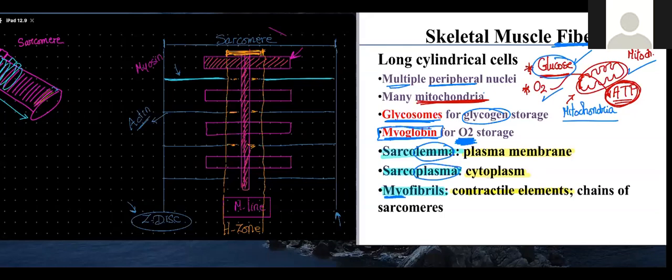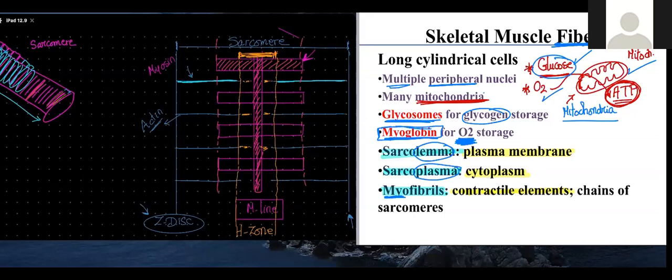All those thick filaments together will appear under the microscope as this striation, as one of those striations along the length of my muscle fiber. The line formed by the thick filaments appears darker in color under the microscope.